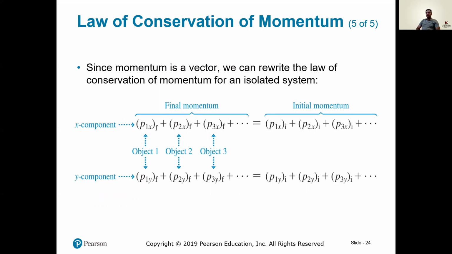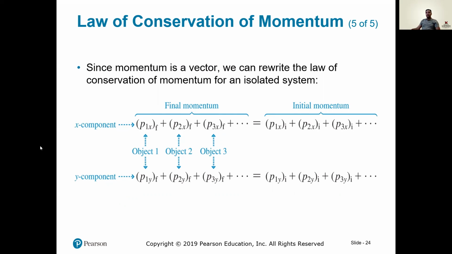More mathematically, if you have n number of objects, you can find the total momentum by just adding all the individual momentums. Whatever sum you get for the final momentum should be equal to all the individual initial momentums added together, okay?